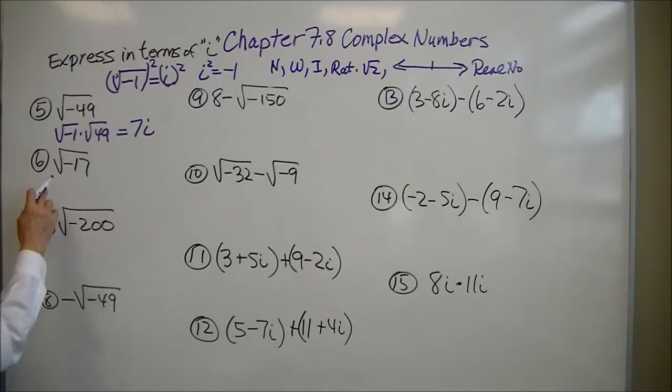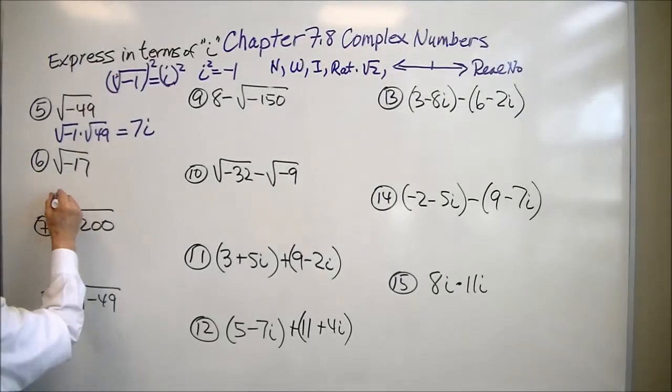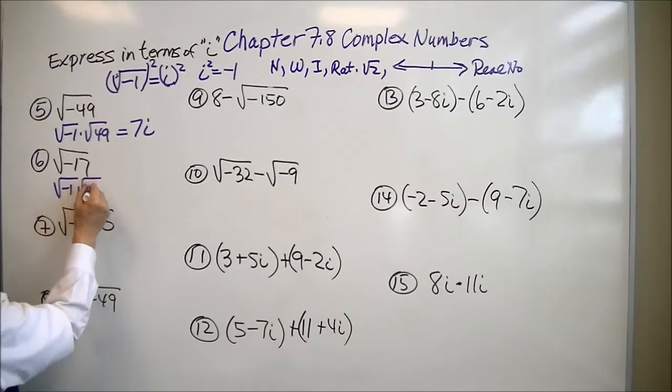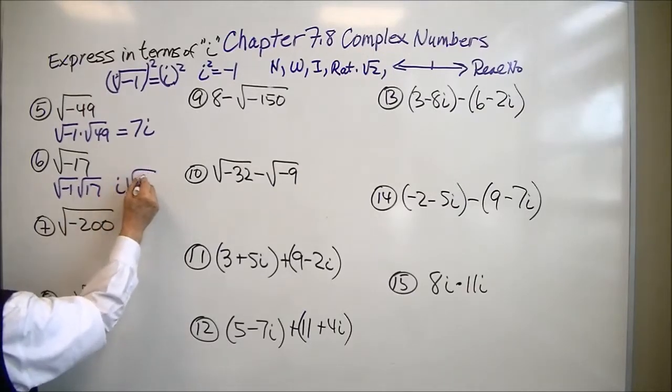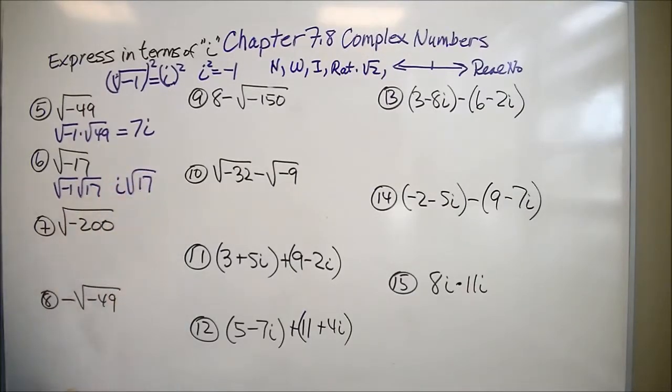So we can just write these now as taking out the square root of negative 1 times the square root of 17. This is i, the square root of 17. And again, this is going to be the square root of negative 1, which is i.